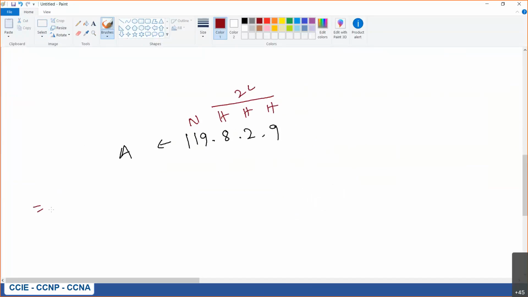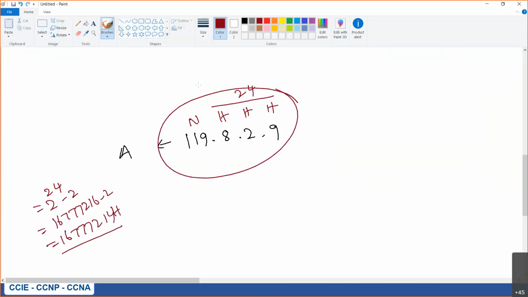You can just go with 2 power 24 minus 2, right? So 2 power 24 is 16,777,216, minus 2. So 16,777,214 hosts are available for this network.